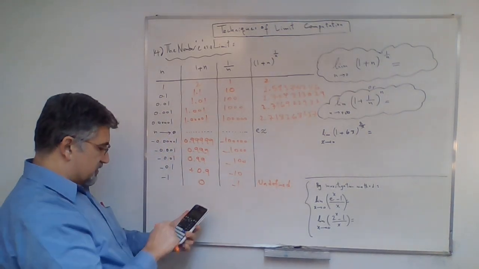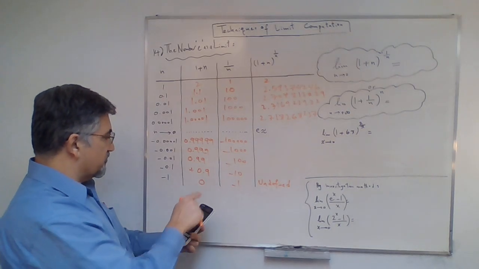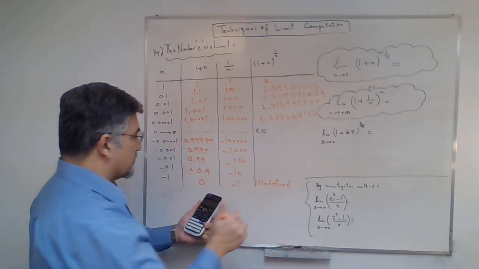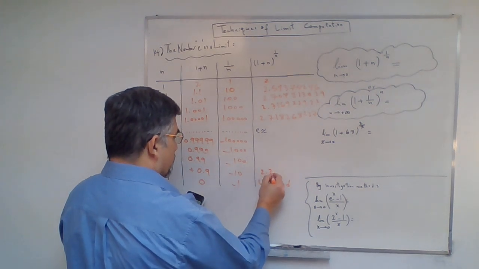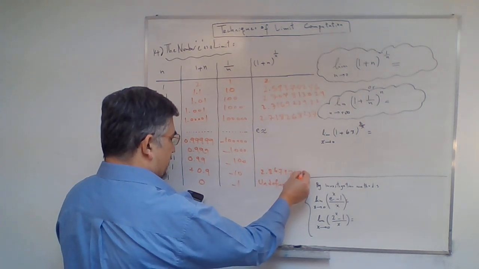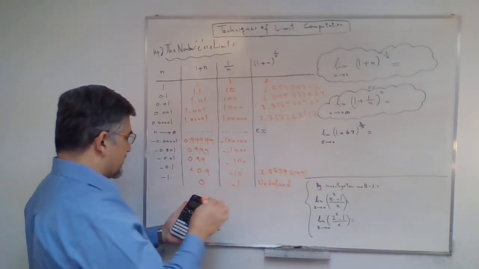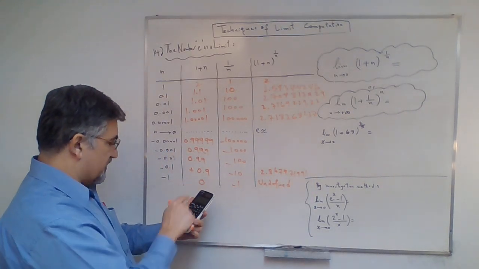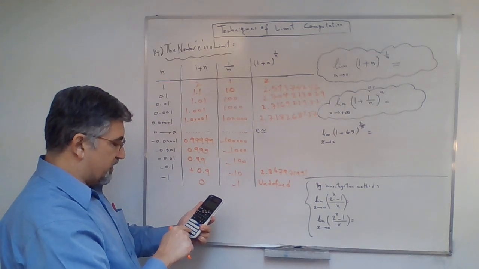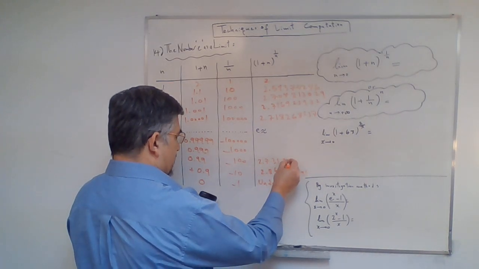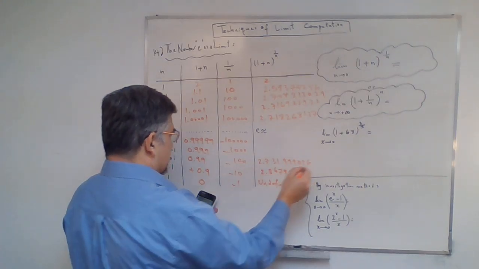But the next one is 0.9 raised to the exponent of negative 10. So I get 2.86797191 this time. The next one would be 0.99 raised to the exponent of negative 100, which is 2.731999026.